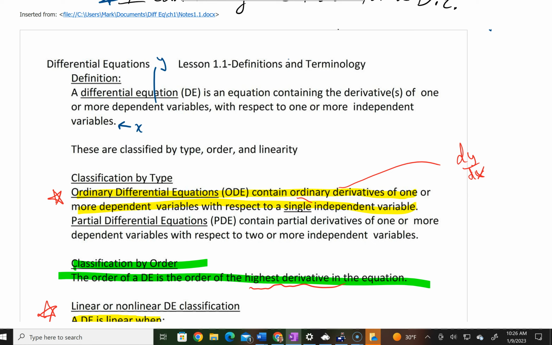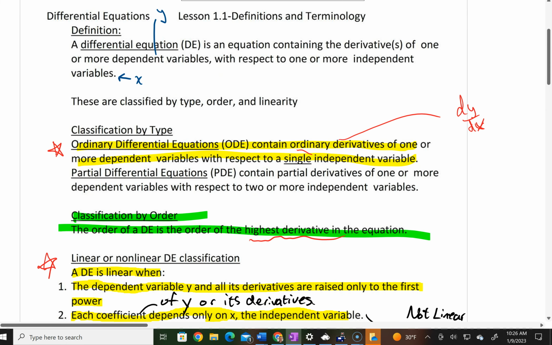Of course, we can have different variables in those settings as well, especially as we get to applications. But in the past, you'd have functions like y equals something; y would be the dependent variable. It depends on what x is. So how do we classify? Well, three ways: by type, by order, and by linearity.